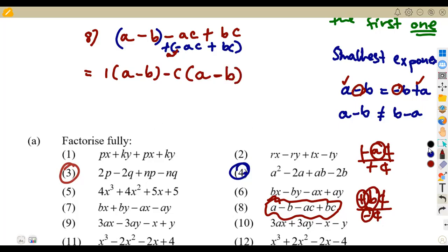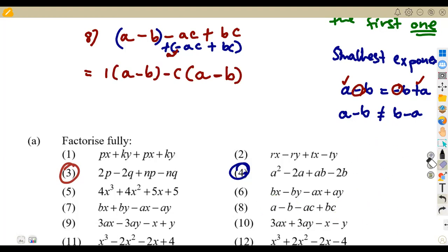All right. So as we can see at the end, this bracket here and this bracket here are the same. That is what we want. The condition is that the two brackets should be the same. Once these two brackets are the same, we have to factor out the common bracket of A minus B. So the moment I factor this out, I have to divide here, so I'm going to remain with 1.